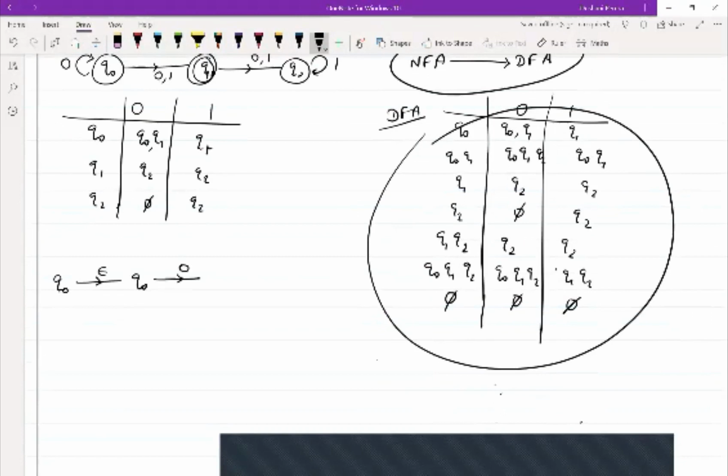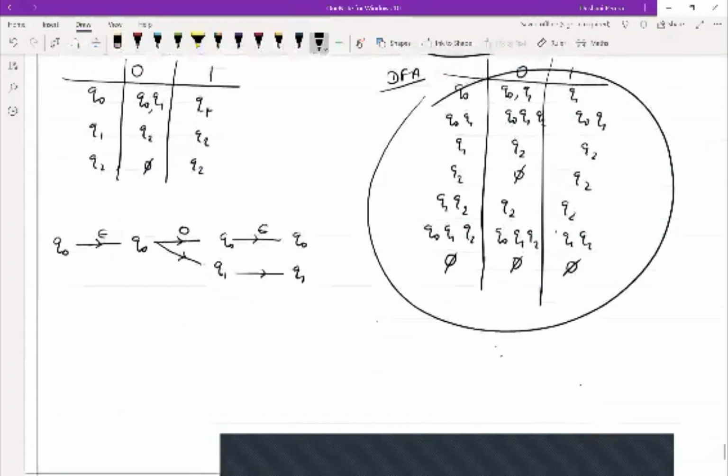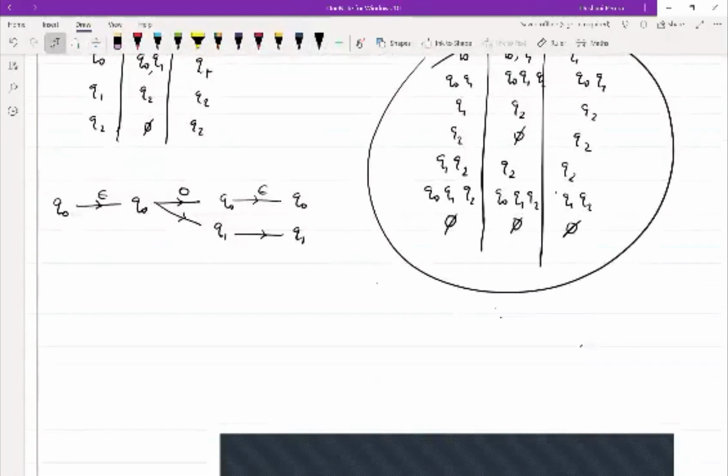Upon seeing a 0, it can go to Q0 or it can come to Q1. What is the null closure? Q0, and Q1, because there are no null symbols. Therefore, we just have the state itself as its null closure.